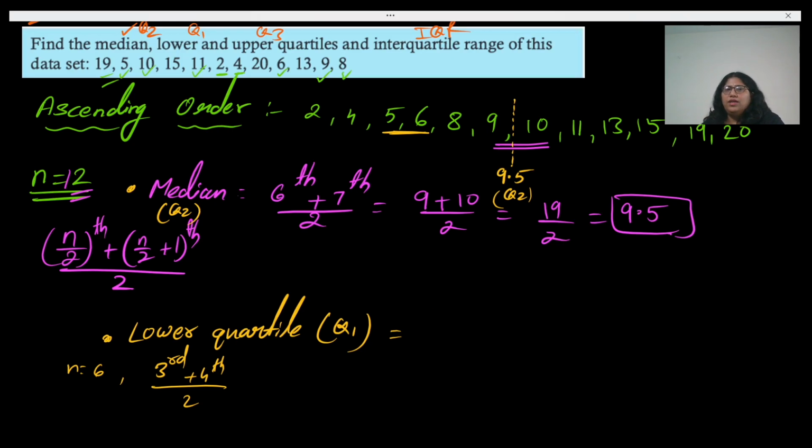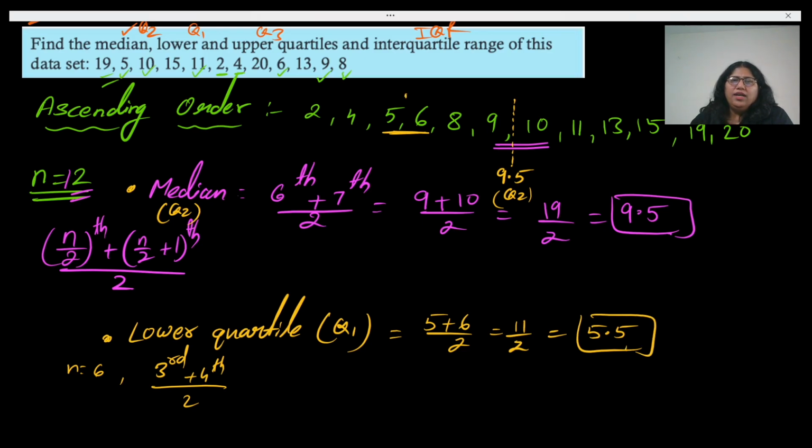So what are your third and fourth values? 5 plus 6 by 2, which is 11 by 2, which is 5.5. Where will the 5.5 fall here? Somewhere in the middle, and that is your Q1, which is 5.5.